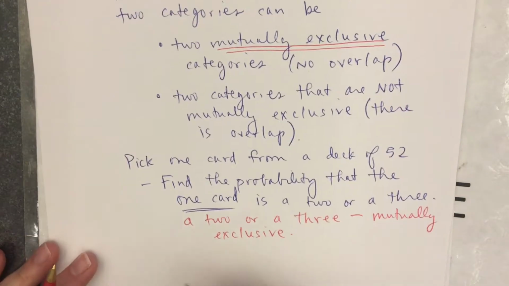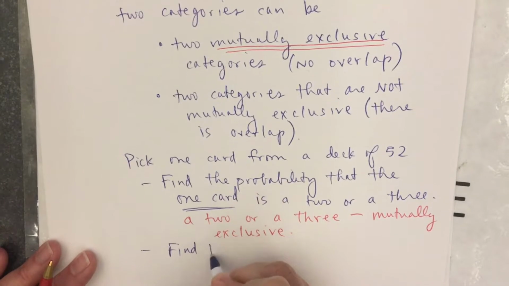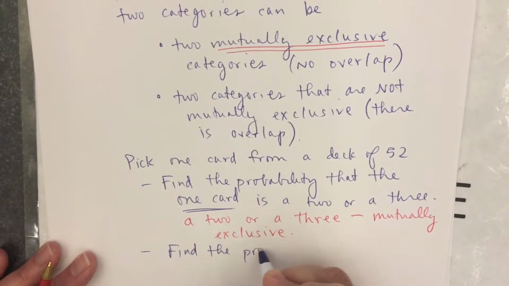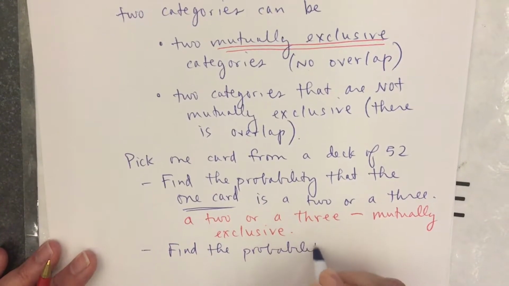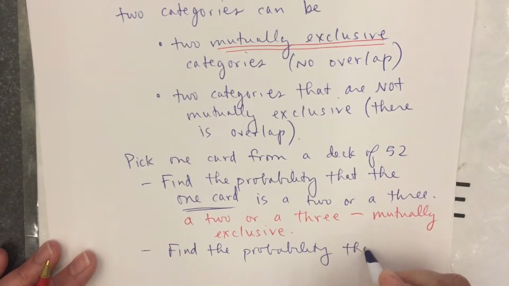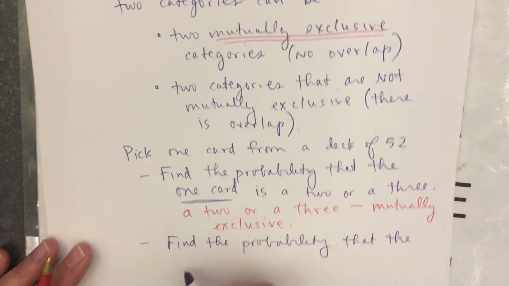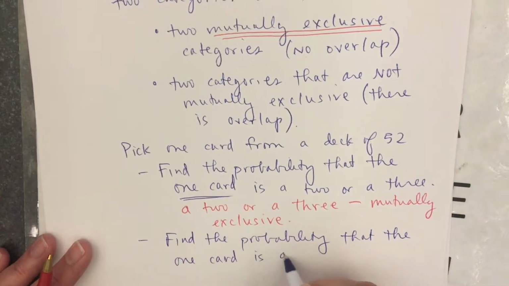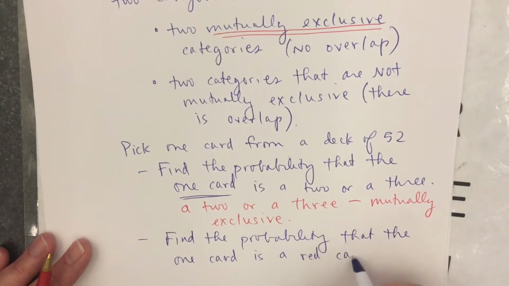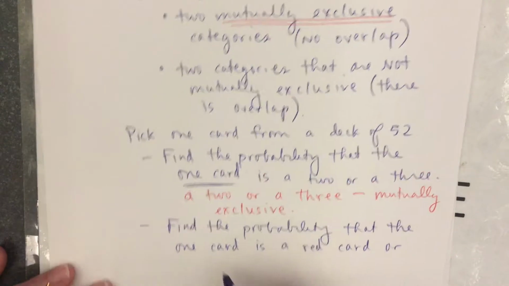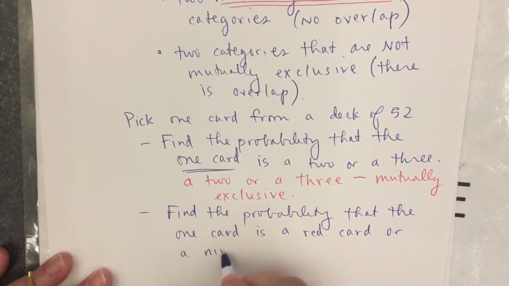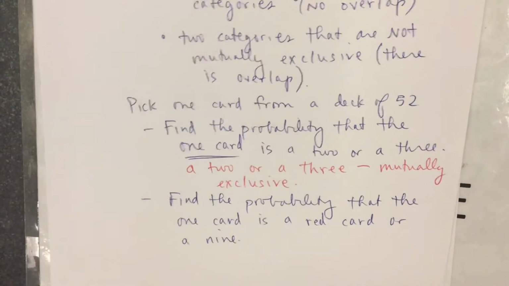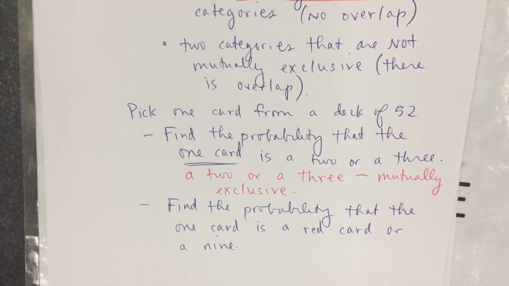Now my other example, find the probability that the one card is a red card or a 9. Well, we have some overlap there.